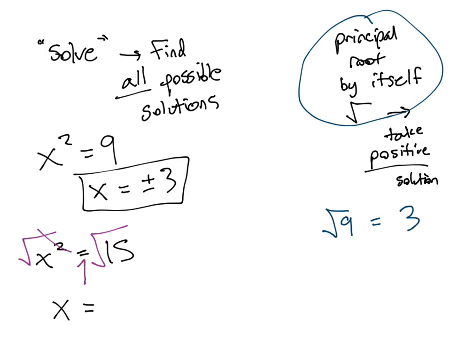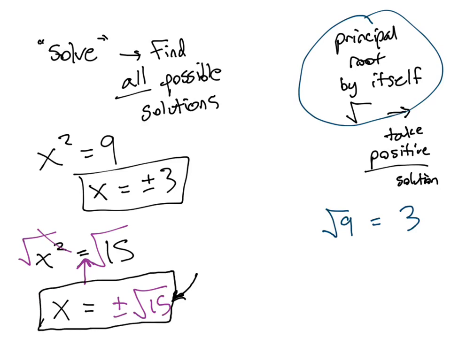But since we had an equation here that we're trying to solve, that means we want to find both possible answers, the positive and negative square root of 15. We cannot simplify this any further without turning it into a decimal, so we could just leave our final answer as positive and negative square root of 15.